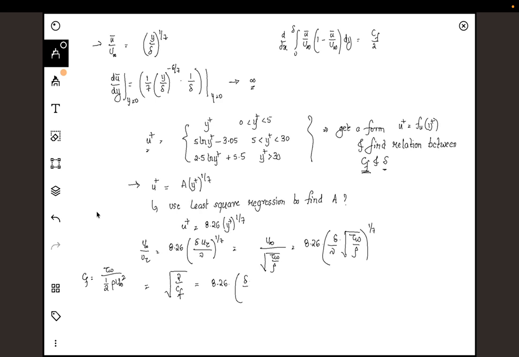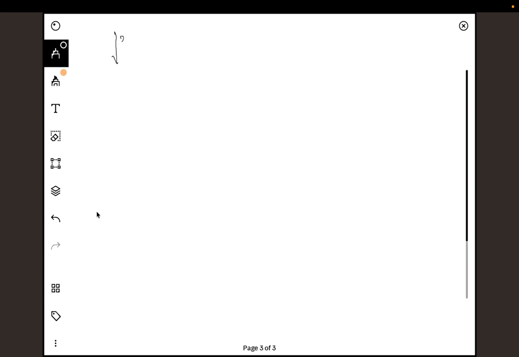So I can use the equation back. This will be tau w is cf times half rho u infinity square by rho, whole to the power 1 by 7. So what I'm having here is square root of 2 by cf is 8.26 times delta u infinity by mu, times square root of cf by 2, whole to the power 1 by 7.